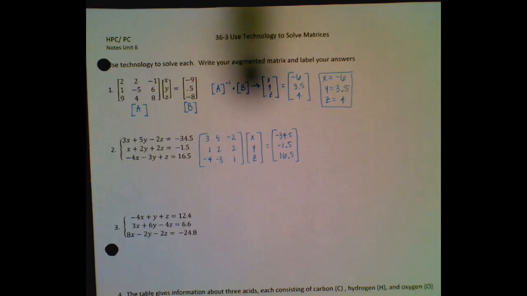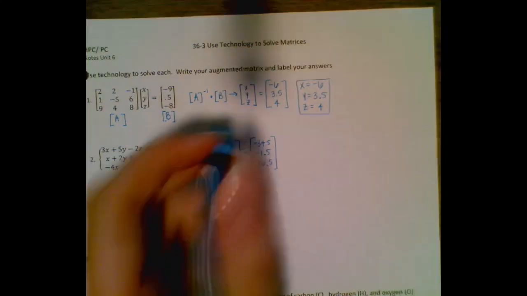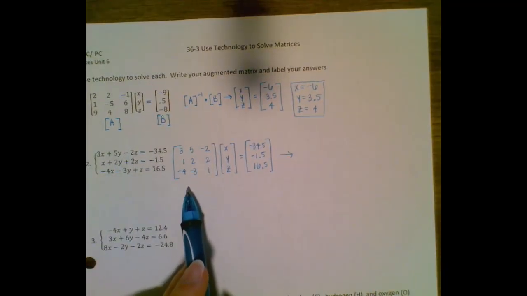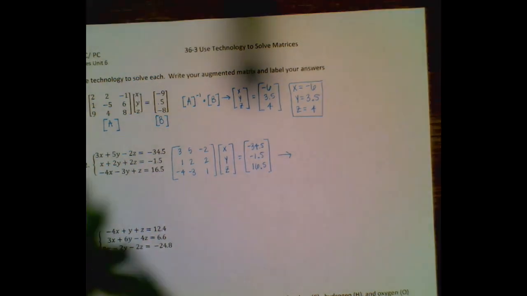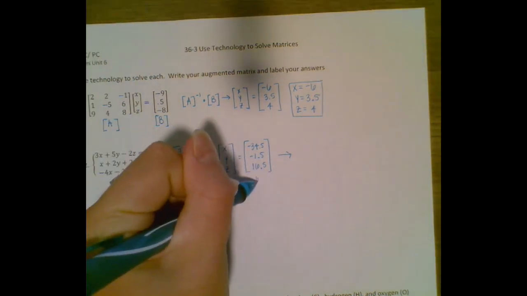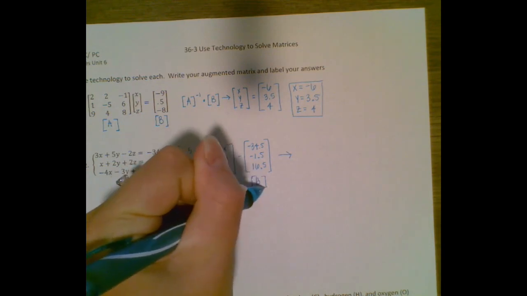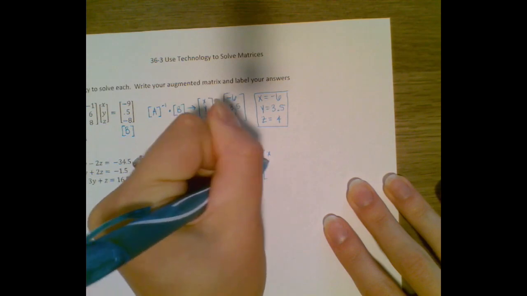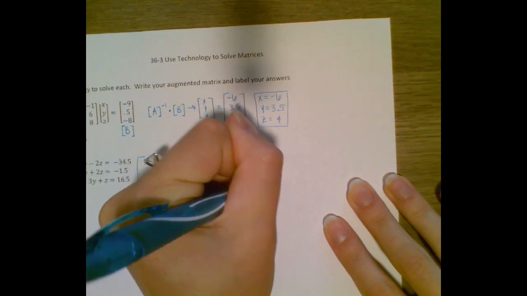Perfect, okay. So now we need to do the inverse of A times B, okay? So we need to find what the inverse of A is, and we're going to multiply that by matrix B. So that will give us X, Y, and Z.